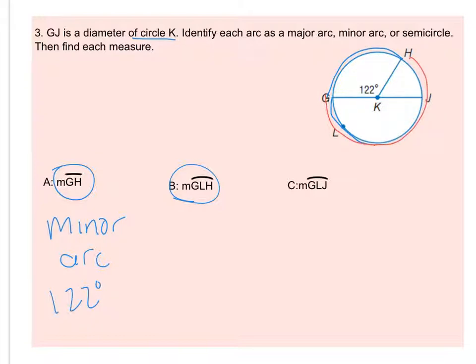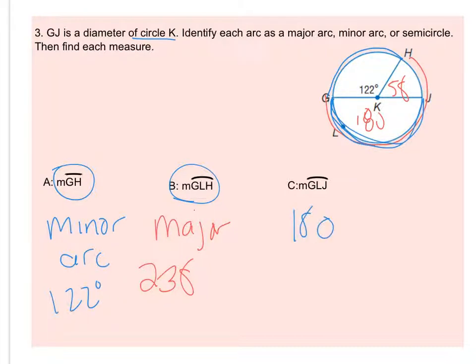So that ends up being, well, this is 180, and then 180 plus 58. So this is going to be a major arc. And that's going to be adding up to 238. And then GLJ is this one right here. That's a semicircle. That's going to be 180.